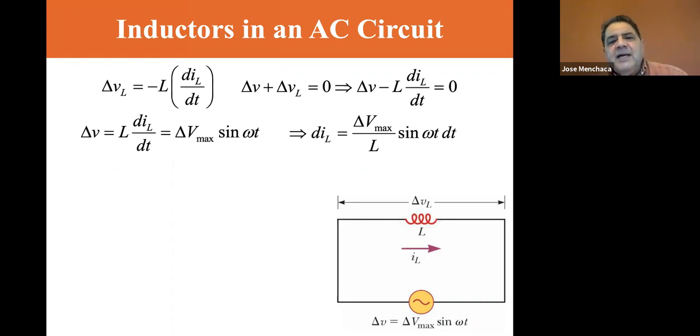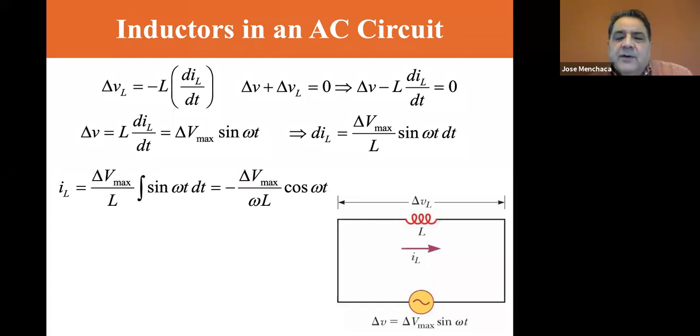And now dIL is equal to delta V max over L, sine omega t dt. Now, if we integrate sine omega t dt, we get minus 1 over omega cosine omega t.